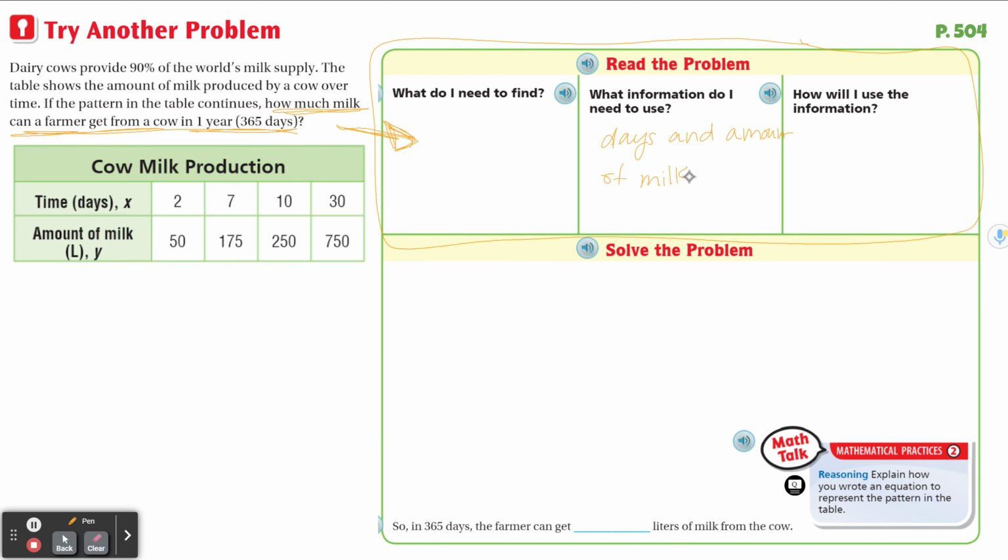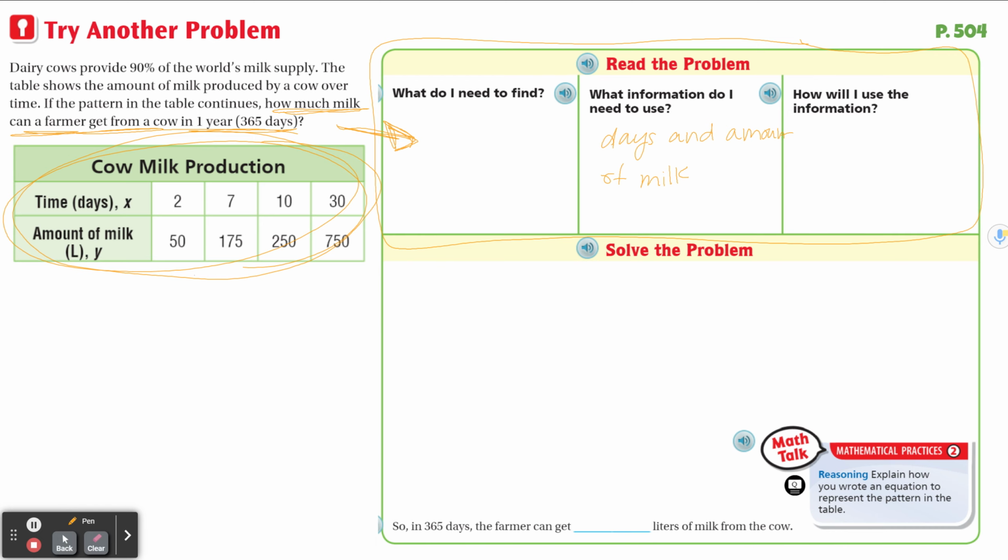So really, we're going to be using this table over here to help us figure out our relationship between those X and Y values, the time and then the amount of milk. And then we're going to be thinking about, how can we use this information?